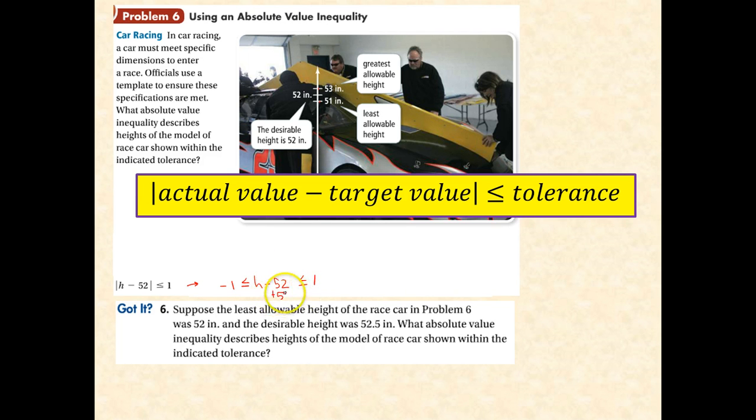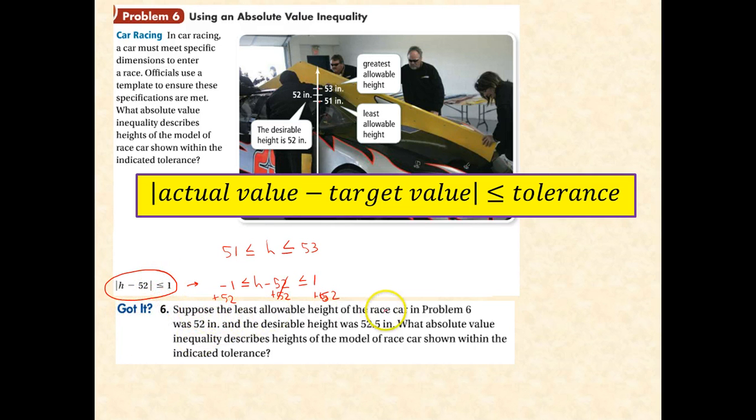Then you would add 52 everywhere, and 52 minus 1 is 51, less than or equal to the height of your car, less than or equal to 53. So the idea here isn't that we're solving this equation, it's that we're taking a real life situation and writing an absolute value equation to model it.